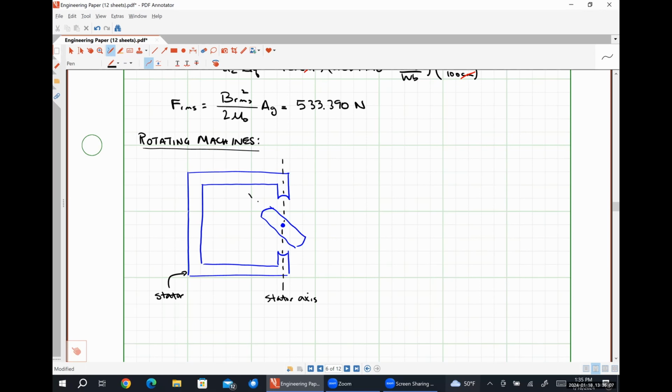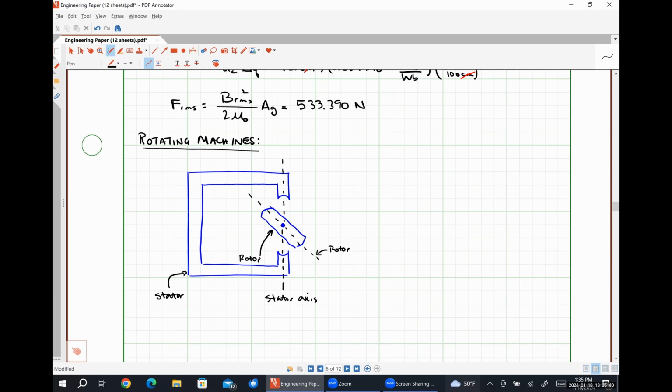And then this dashed line right here represents the rotor axis, which means this structure right here is what's called our rotor. The stator is the stationary part of a rotating electromagnetic machine, and the rotor is the rotating part or the movable part.